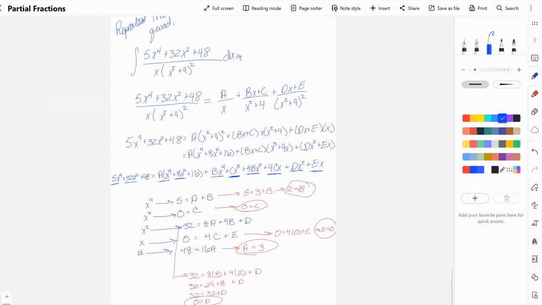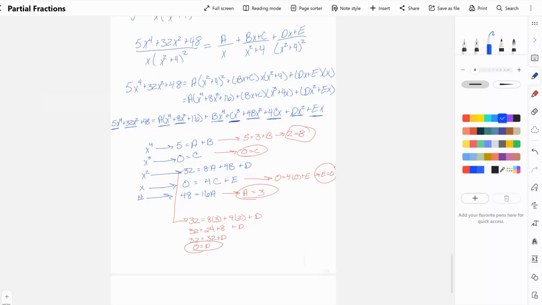So we're going to plug everything we know back in here, and that's what we're actually integrating. So a is 3, b was 2, c was 0, d was 0, and e was 0.